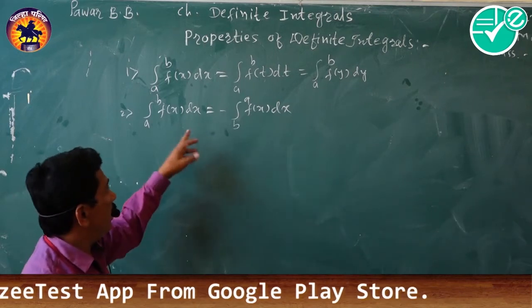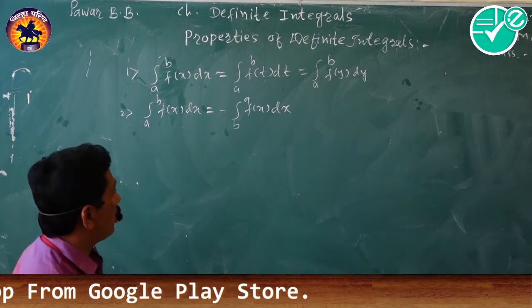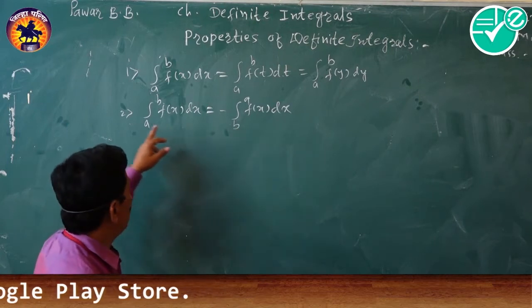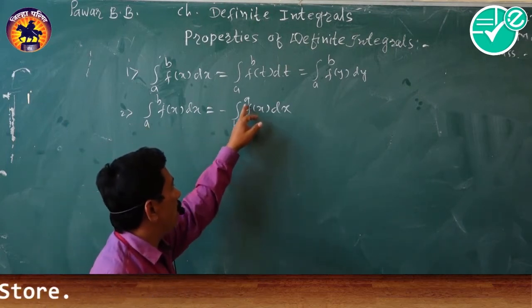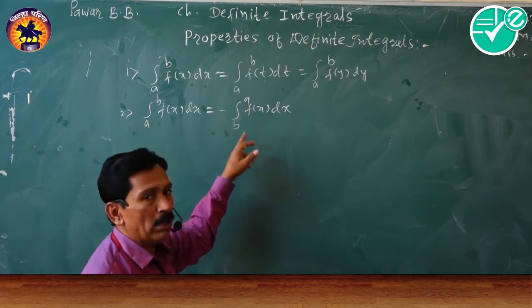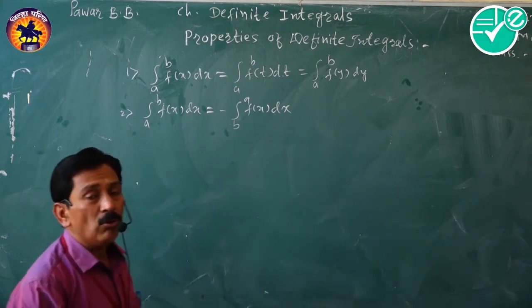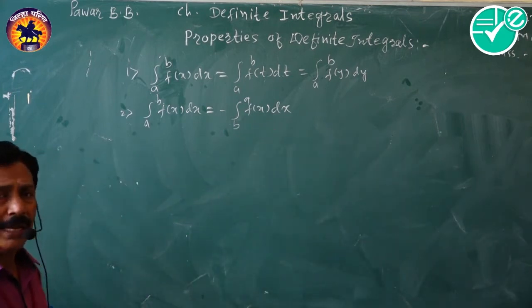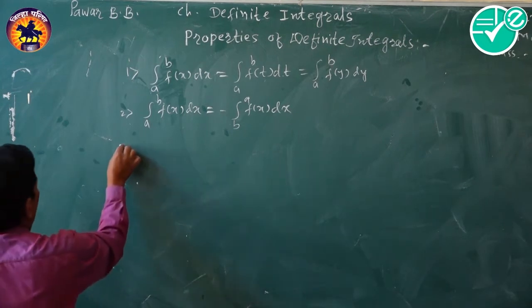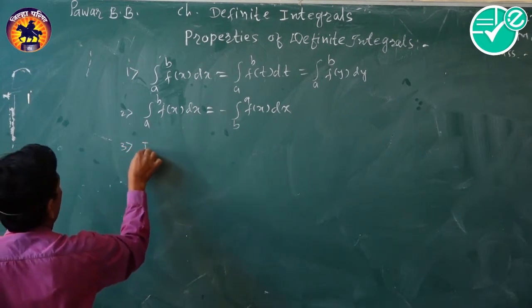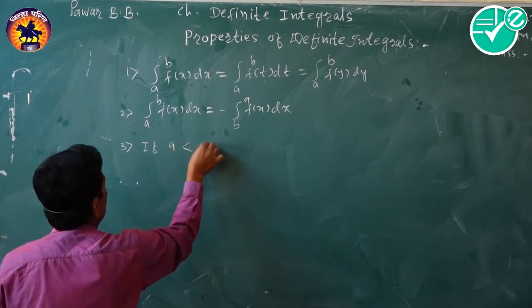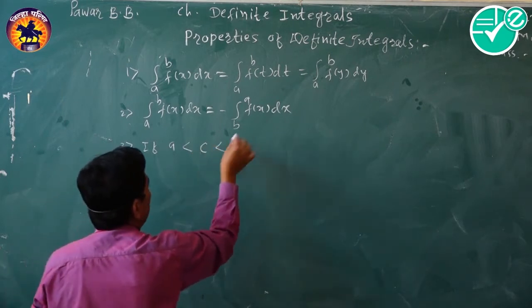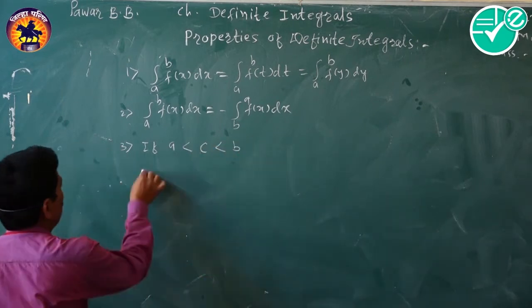That is, if we take the upper limit to the lower limit and the lower limit to the upper limit, the value of the integral changes in sign only.